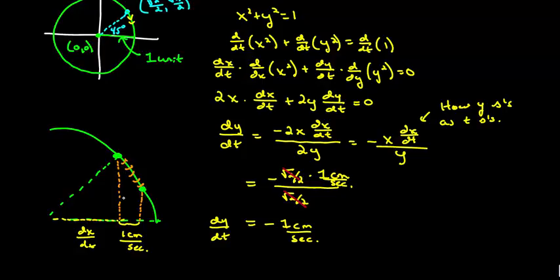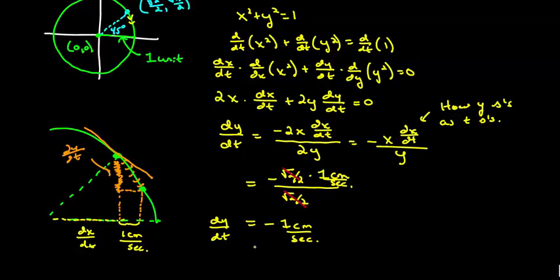So the question is, what is the change in y? This length right here is the change in y with respect to time, and so this length is negative 1. We went down 1 centimeter in that second.